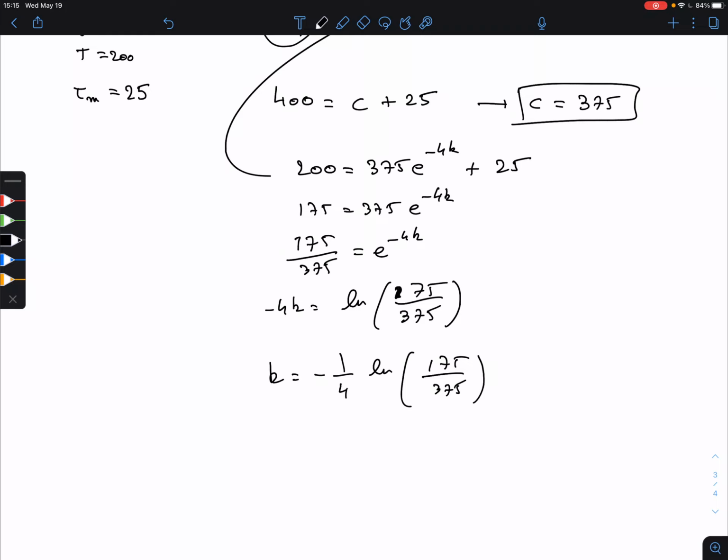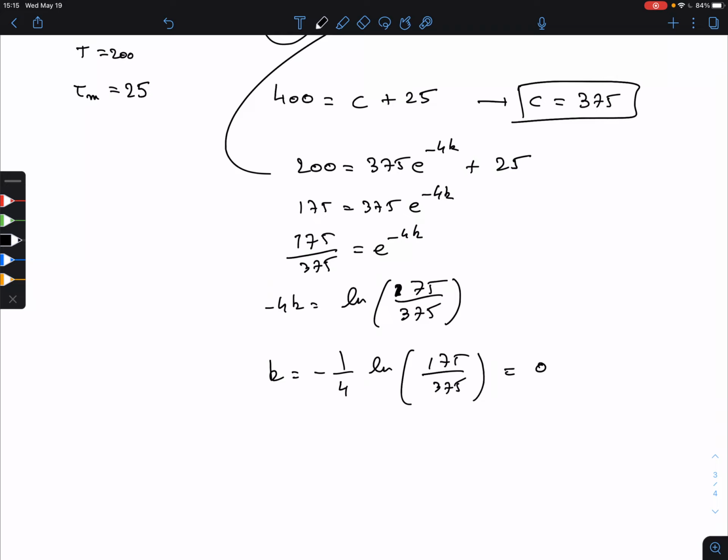I do 175 divided by 375. Now I take the ln of this and divide by 4, and I get 0.190. I'm going to round it to 0.2.